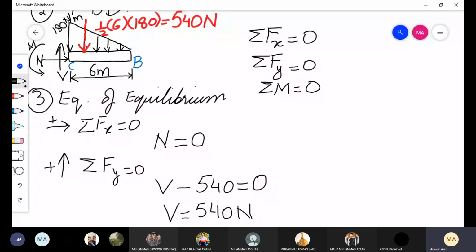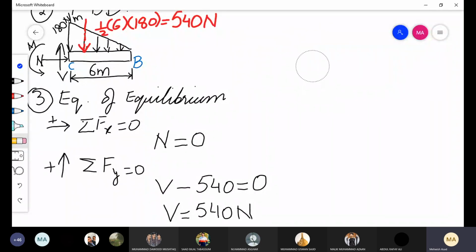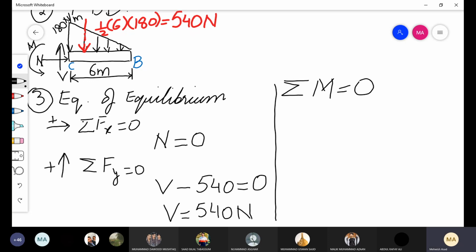Last equation of equilibrium will be applied over here. Last equation is summation of all moments to be 0, considering all counterclockwise moments as positive. So we have one counterclockwise moment as the internal moment.